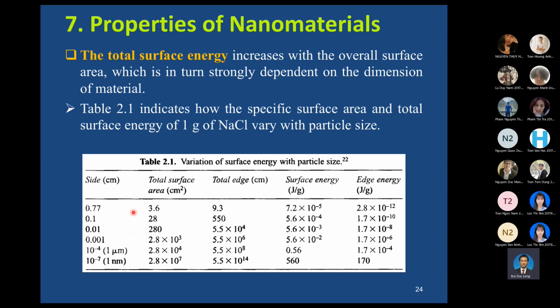Briefing: because nanomaterial has a very small scale, the total energy of this material also increases with overall surface area. It means that when the material is at nanoscale, it will not be stable, because the total energy of the system increases.